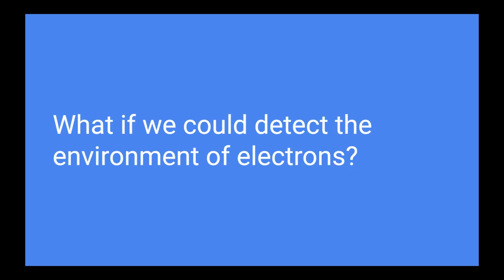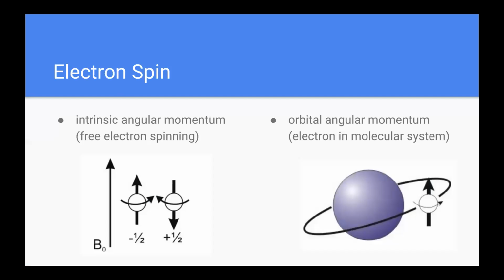It produces that frequency. It's what we need. So let's talk about the spin of an electron. I'm sure you already know this either from Jen Kim or Dr. Arrington or Dr. Davis. So we have an intrinsic angular momentum. This is just like a free electron spinning on its own axis.